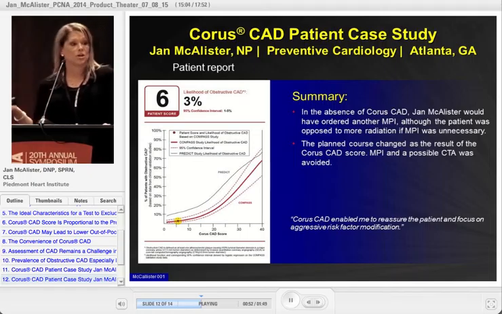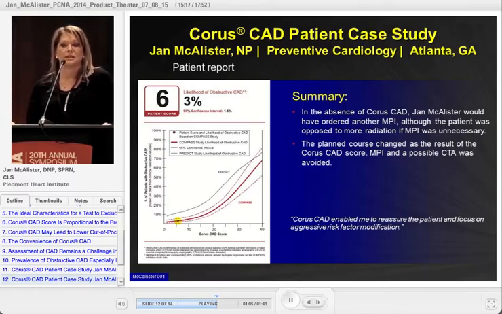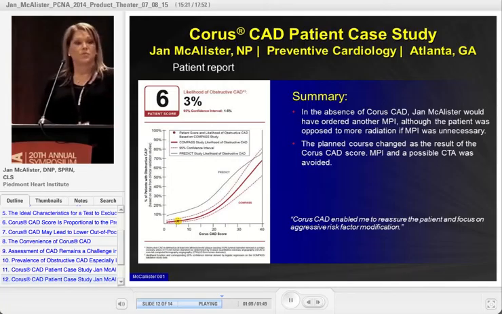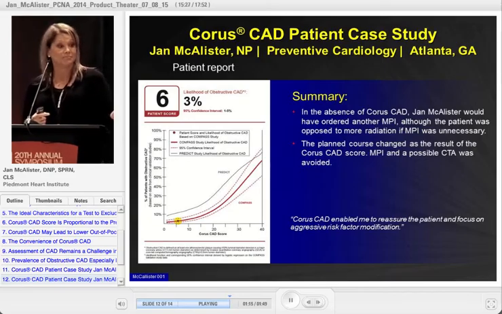So this is what her patient report looked like. As you see, it's very bold to tell you what the patient's score is. And she was only 3% in the likelihood of having obstructive disease. So what happened? I saved her from having another MPI, which is more radiation, more money.